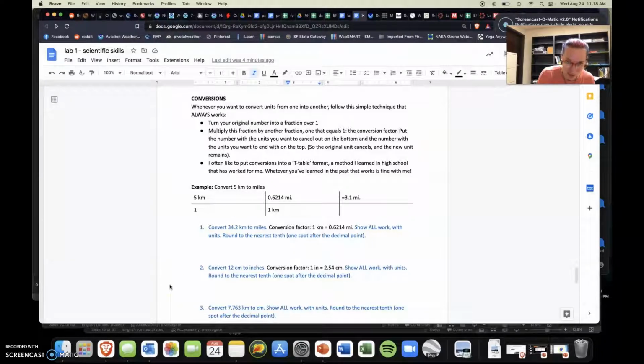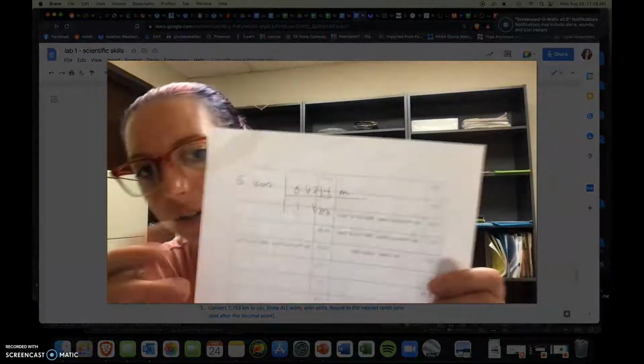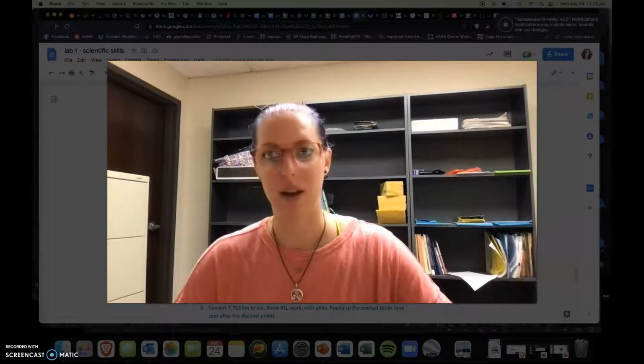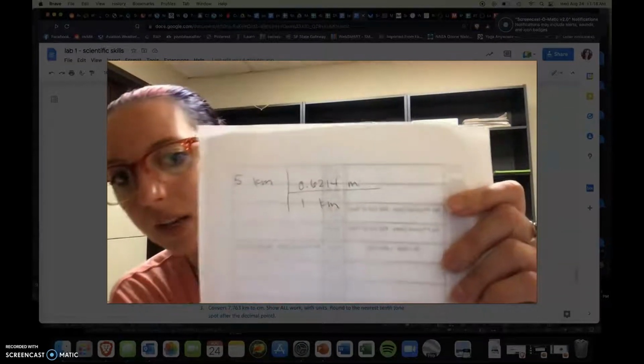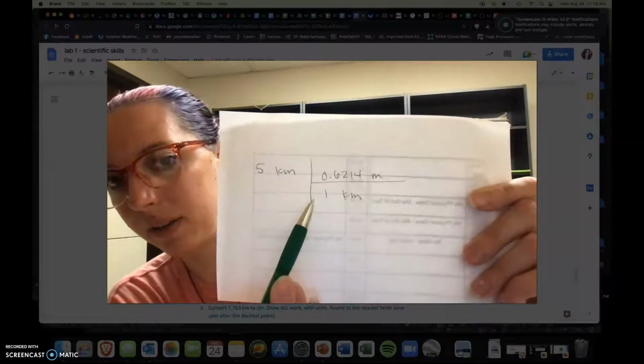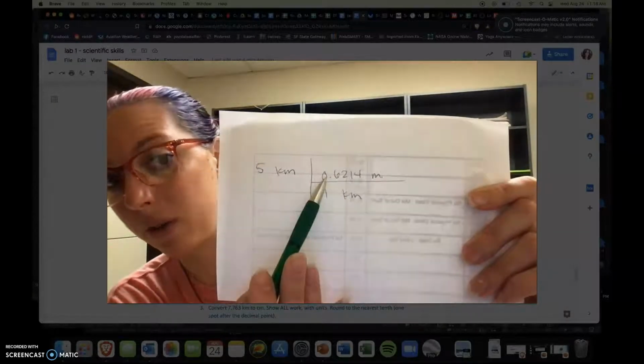So there's 0.6214 miles in 1 kilometer. So this is how I physically have it written out. I do it as a T-table. Sorry, the light behind me was making that a little more see-through than I was anticipating. So 5 kilometers, and in 1 kilometer, there's 0.6214 miles.